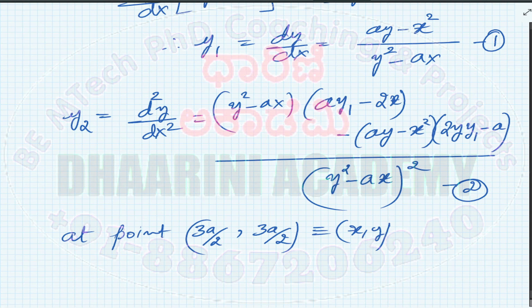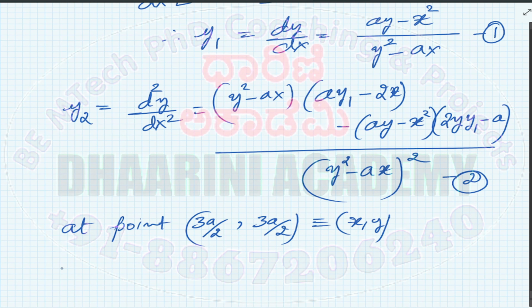Okay, so let's calculate y1 first. At this point, let me calculate y1. y1 is equal to, you can see that this is ay. So y1 is what? a into y. y is 3a by 2. Every x and y should be replaced by 3a by 2.